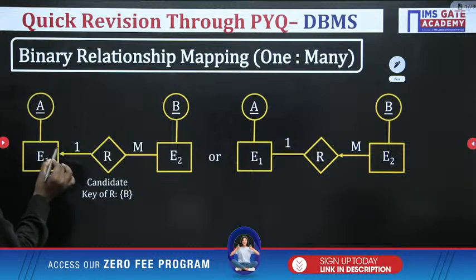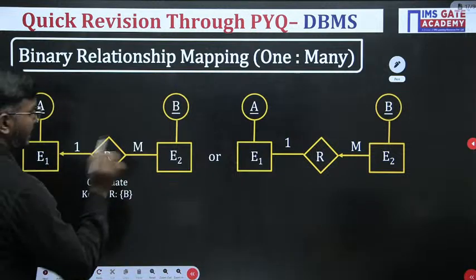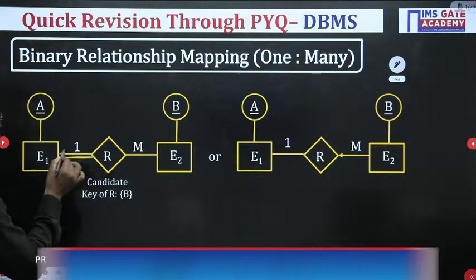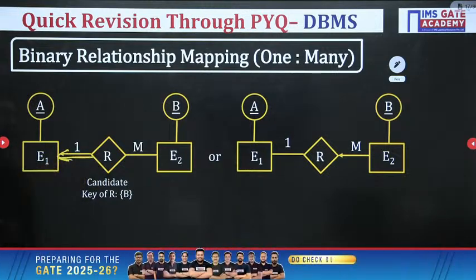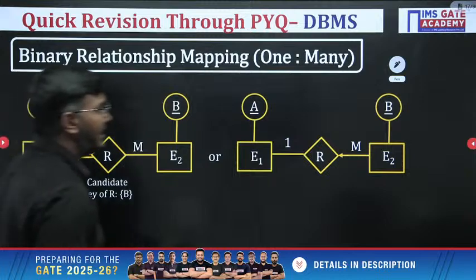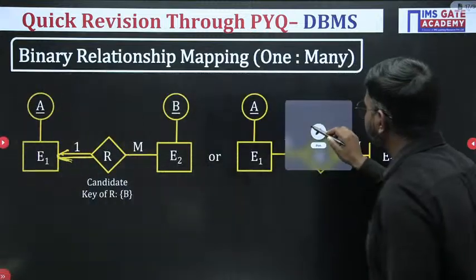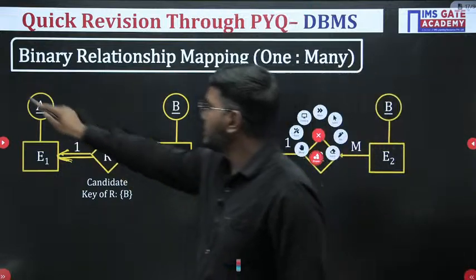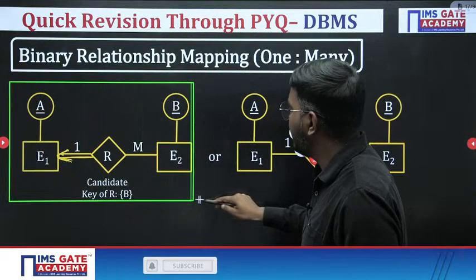So again see here, 1 to many. This time let's keep the full participation on the one side. If you have a full participation on the one side, then as we have already studied in the classroom, it is possible to merge them into a single table. Why?